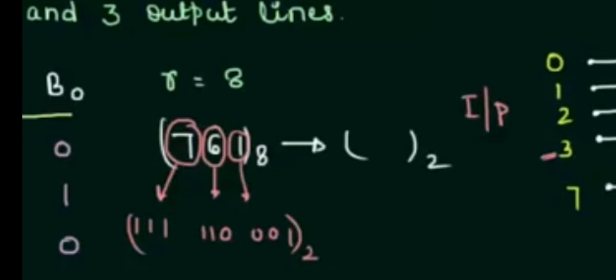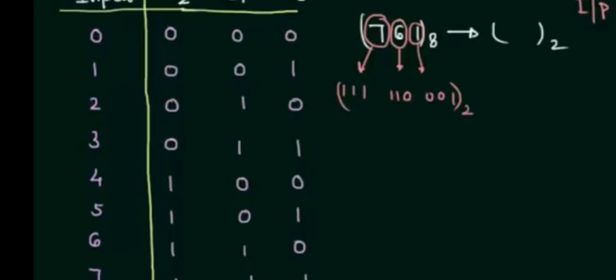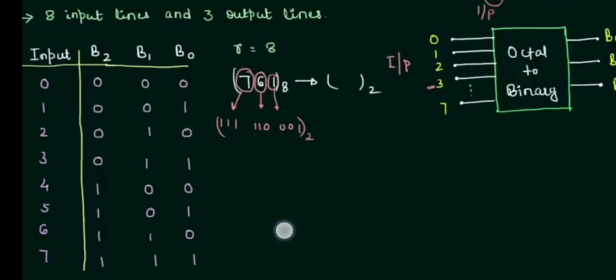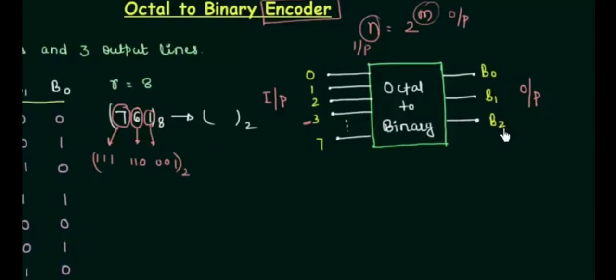If you want to convert it to binary, how will you convert? We use a simple encoding procedure. By using this input table, the value of 7 is 111, the value of 6 is 110, and the value of 1 is 001. That's all.